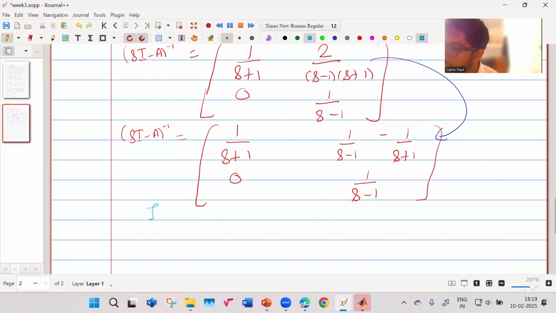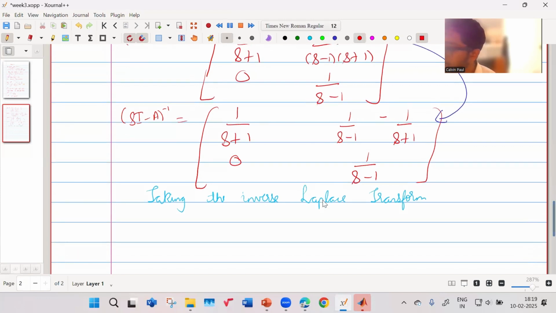Taking the inverse Laplace transform, phi of t is the inverse Laplace transform of sI minus A inverse.